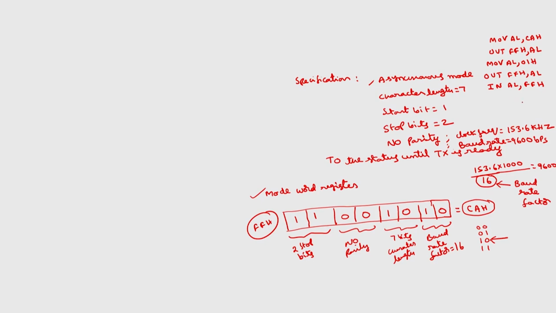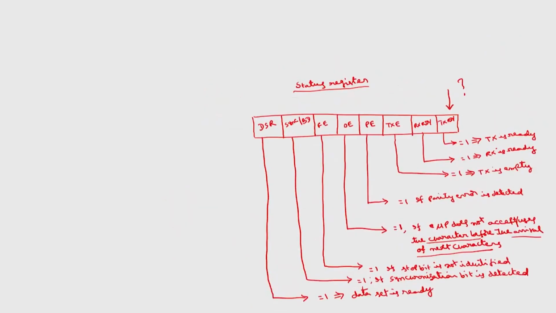For that, you can use either rotate logic or AND logic: AND AL, 01H. If the transmit ready bit of the status signal is 0 and I AND it, these are all do not cares.